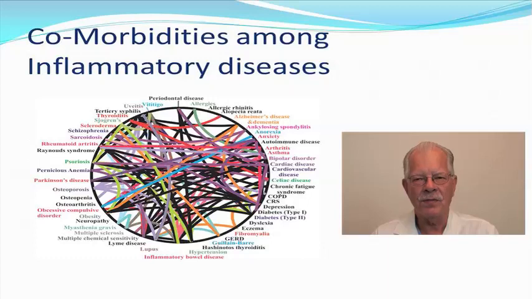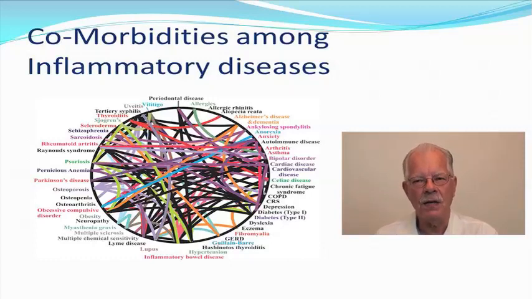Dr. Trevor Marshall is a very famous molecular biologist worldwide, and he has been studying chronic disease for many, many years, and he has what's called the Marshall Protocol. If you're interested, you can Google that name. But he found that there's comorbidities between all the different chronic inflammatory diseases. And he took all of the references from PubMed and from his research, and he drew these in a circle.